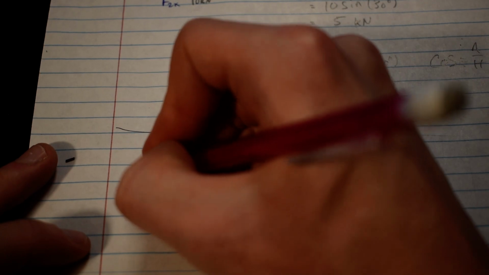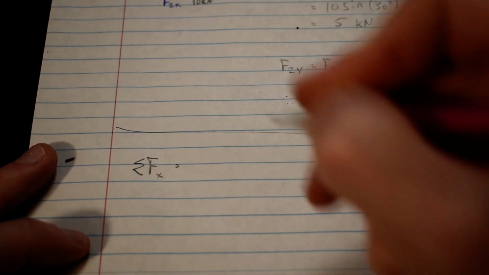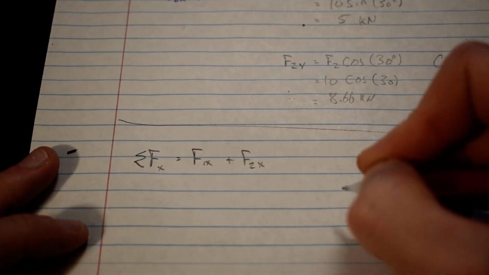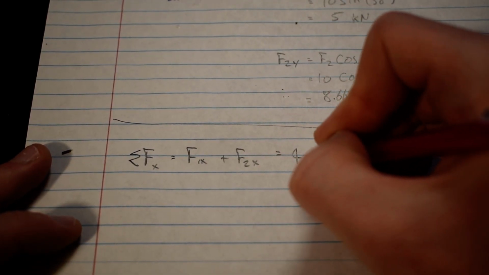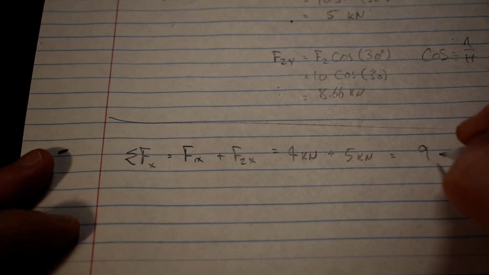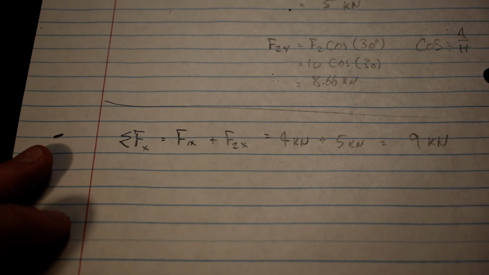So now we just have to do some final tabulation. We sum the forces in the x direction. We'll just use the Greek letter sigma to designate a sum. The sum of the forces in the x direction is equal to F1x plus F2x, which is 4 kilonewtons plus 5 kilonewtons, equal to 9 kilonewtons. Luckily, I can do that math in my head.